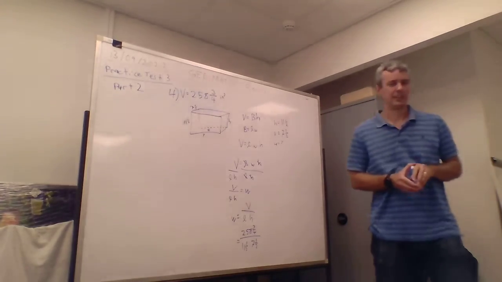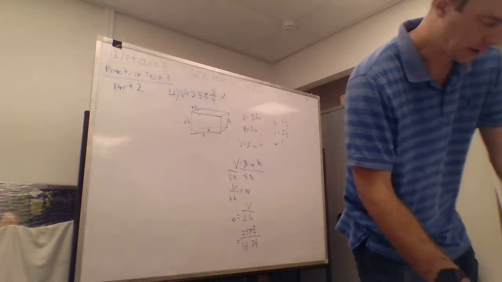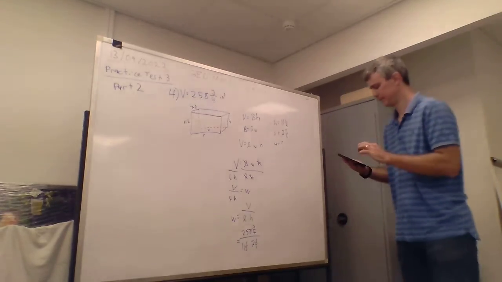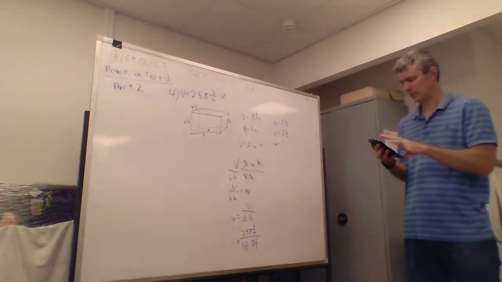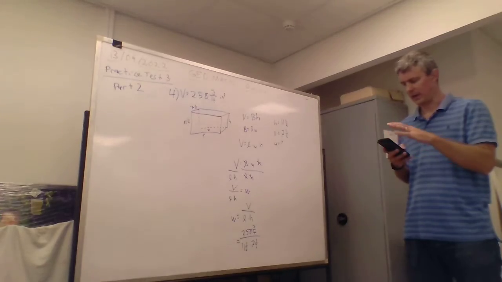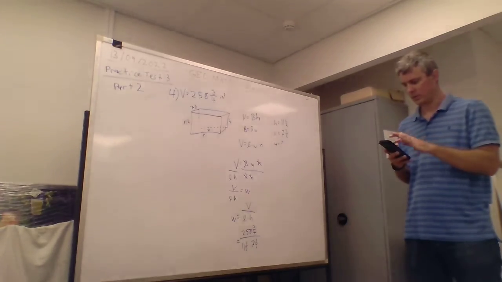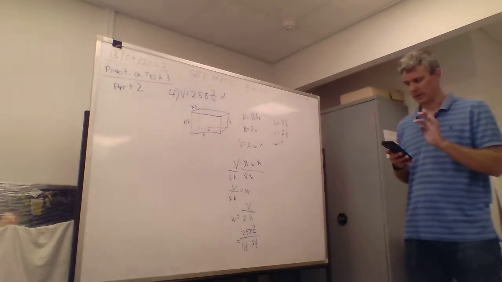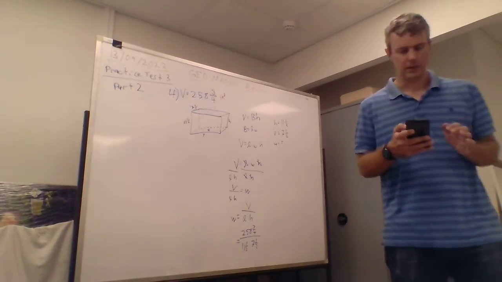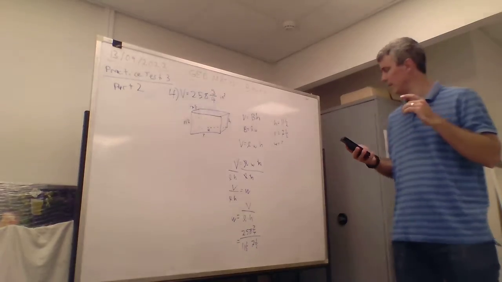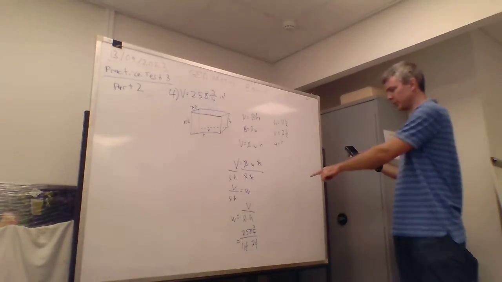Okay? So what you do, pull up the calculator, click on the calculator. For you guys, we'll just use the ones on our phones. First of all, we'll do the top one.